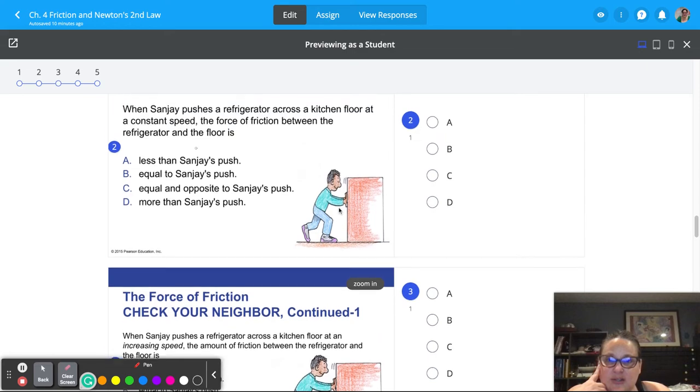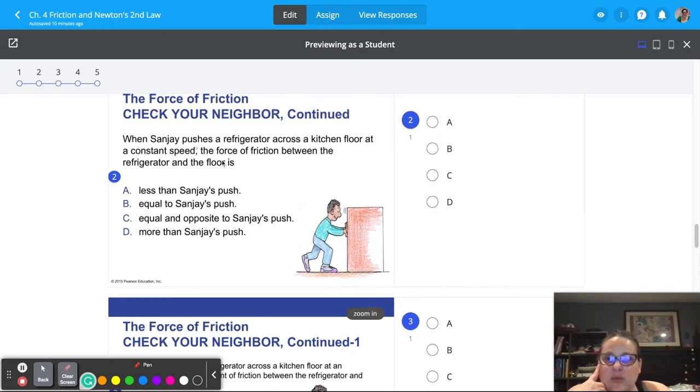The next two questions are about pushing a refrigerator. When Sanjay pushes a refrigerator across the kitchen floor at constant speed, the force of friction between the refrigerator and the floor is... So the key to understanding this is actually in the constant speed. In Newton's second law, F equals ma, constant speed tells me that one of these variables is zero, just right off the bat.